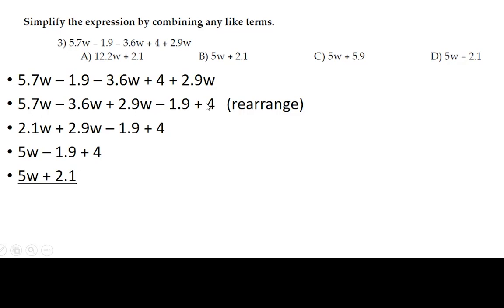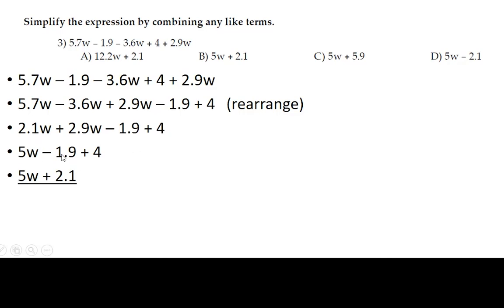The signs in front travel with our terms. Once we rearrange, we can go ahead and start simplifying. 5.7 of them minus 3.6 of them, these w's, would give us 2.1 w's. Carry the rest down. The 2.1 w's plus the 2.9 w's give us 5 w's. So the w terms all combine to give us positive 5w.